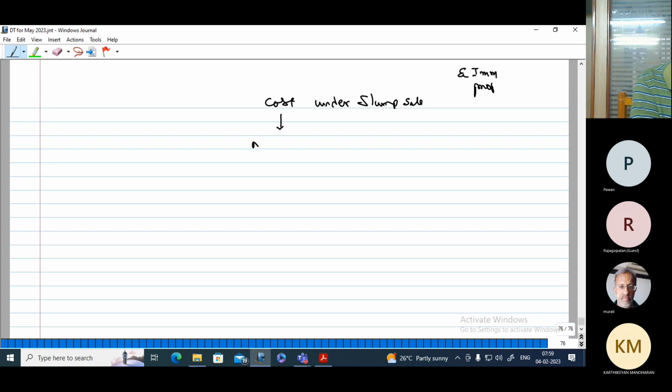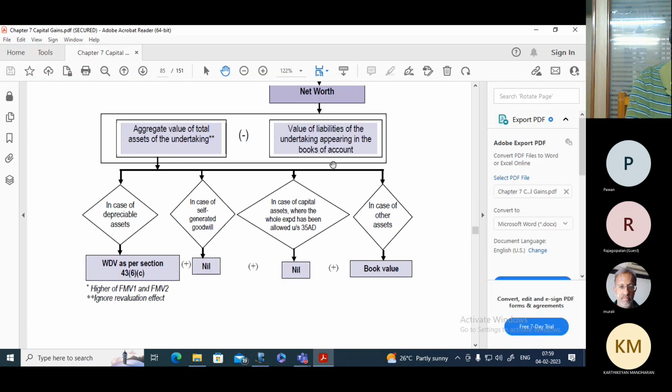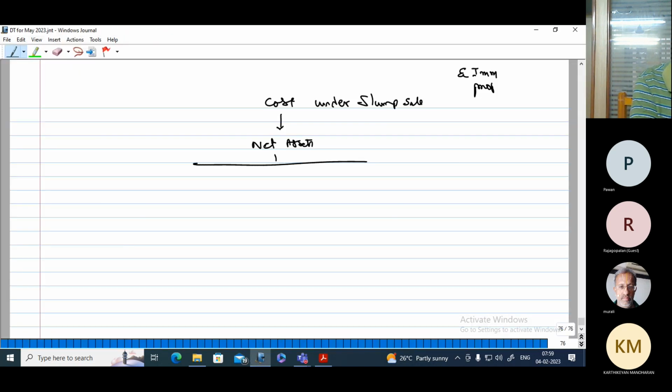it is only net assets. It is going to be net assets. So here they say net assets would mean, I will put it this way, land. Anyway, I will just not put it this way.